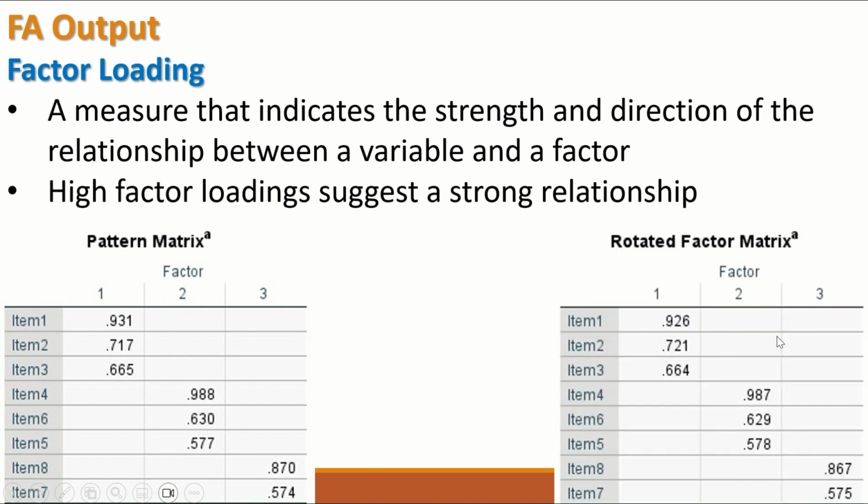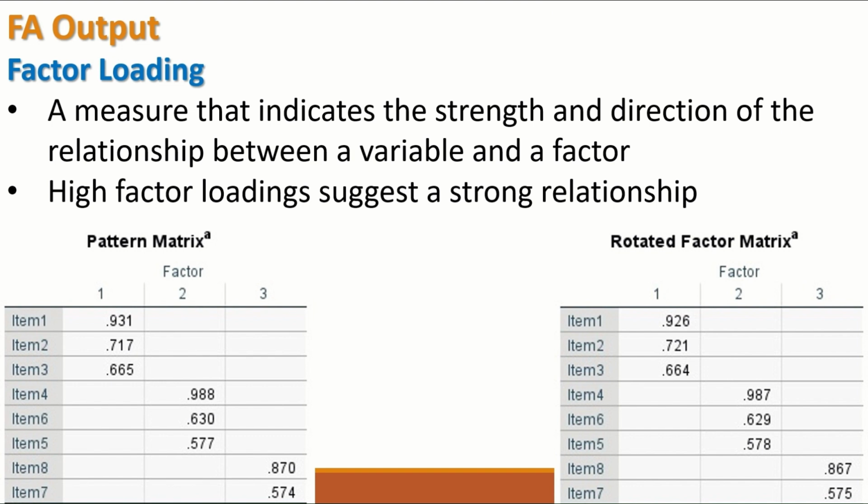The right hand table is also a factor loading for the rotated factor matrix, which is part of the factor analysis. So one of these tables is for principal component analysis, and the other one for exploratory factor analysis.